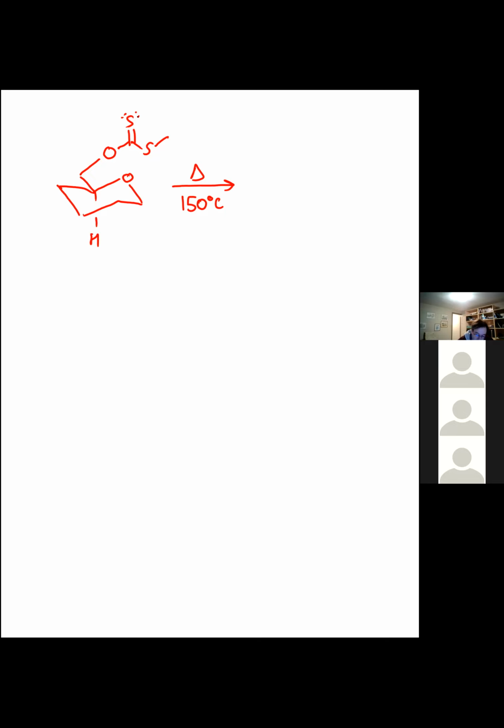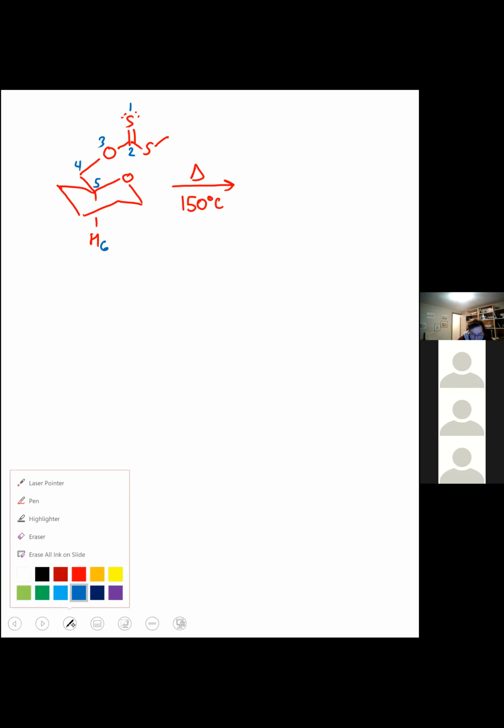And so if we're thinking about that, whenever you're seeing something like this, it's never a bad idea to start counting atoms. 1, 2, 3, 4, 5, 6. And there's nothing nature loves more than a 6-membered ring. So you heat this enough. You get out your orange marker.